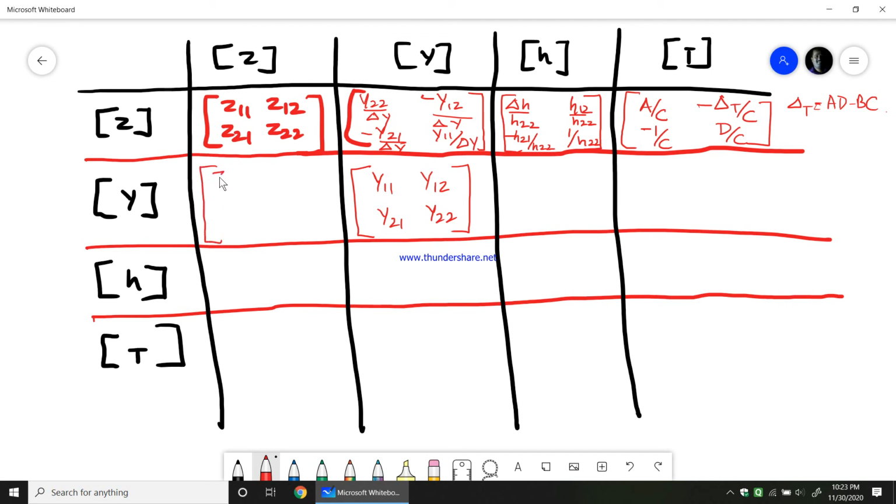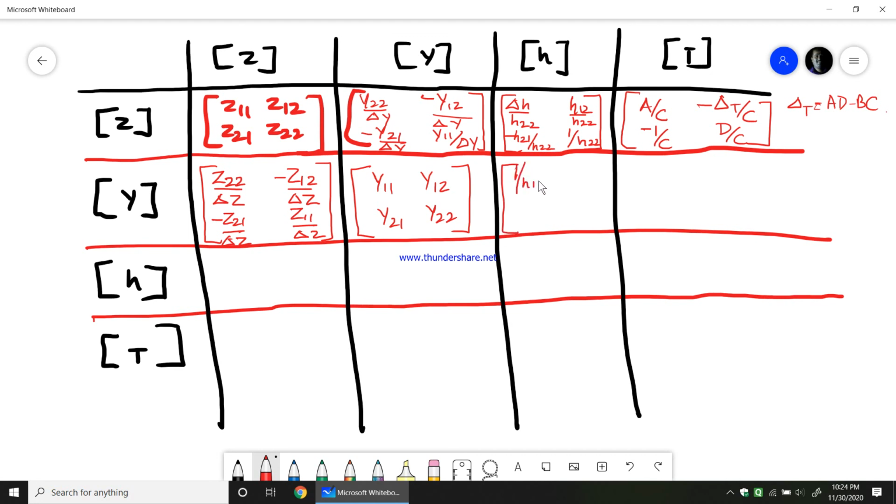You get Z22 by delta Z is Y11, then minus Z12 by delta Z is Y12, minus Z21 by delta Z is Y21, Z11 by delta Z is Y22.